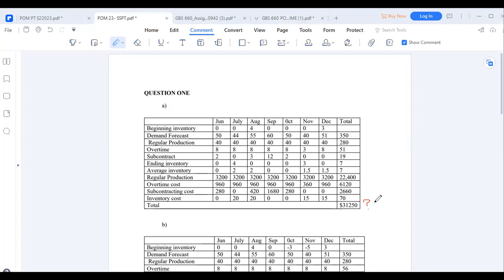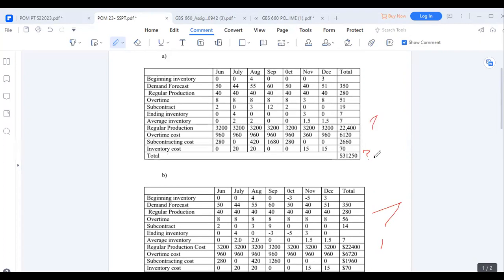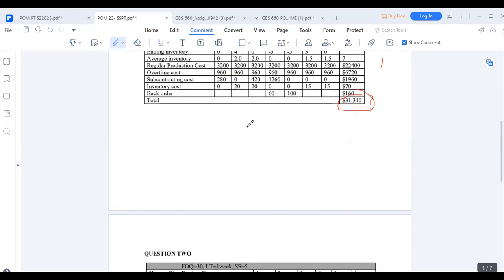It's because of the clarity that I've mentioned. These other ones are minor differences for ending stocks and all that. So that's why there's a question mark for these total figures.